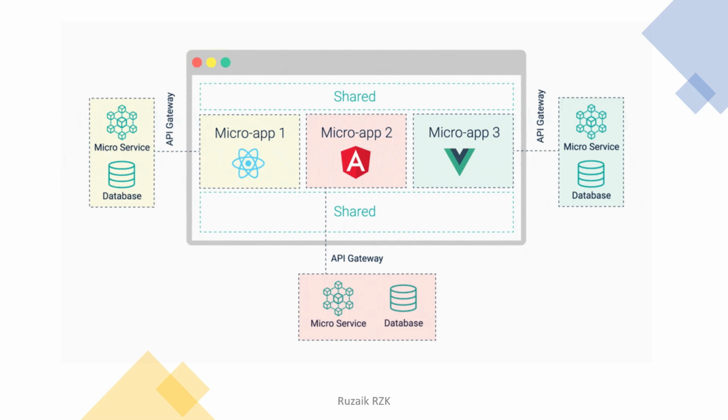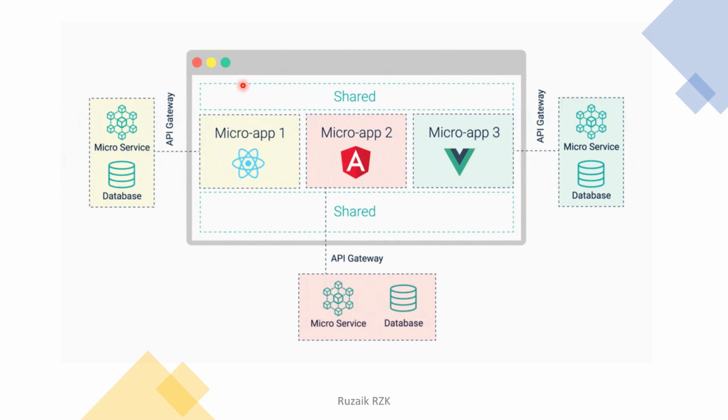Okay, so we can use any technologies for each and every micro front-end app. So the first micro app deals with this service, the second micro app deals with this service, and the third micro app deals with these backend microservices.